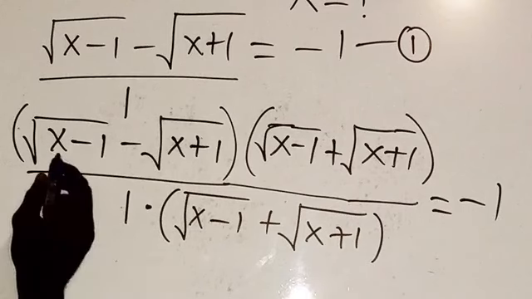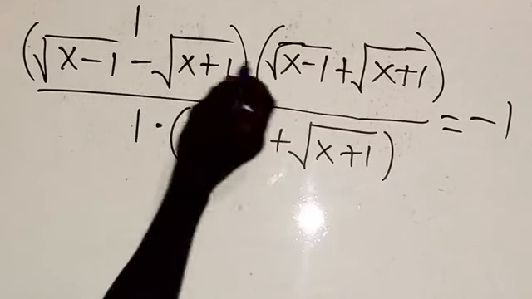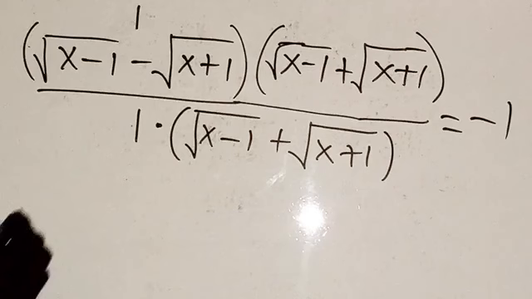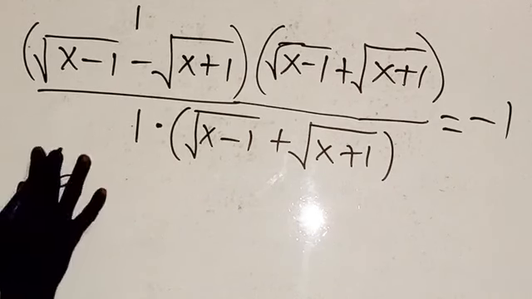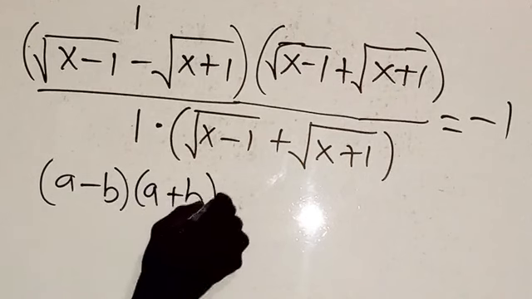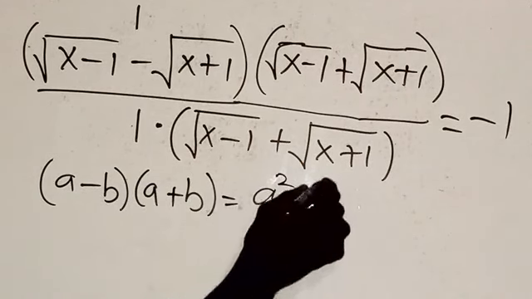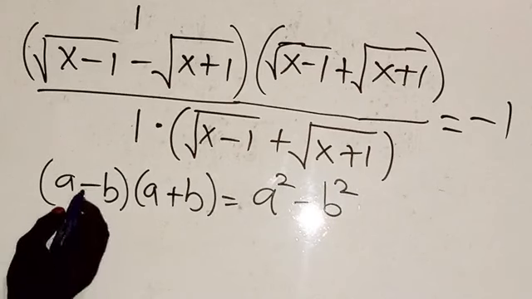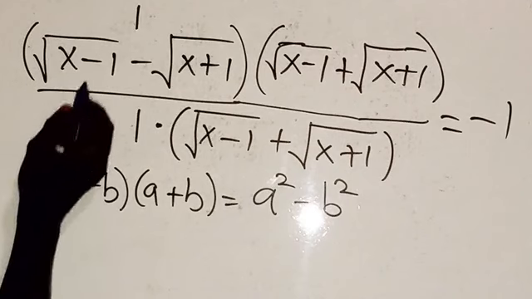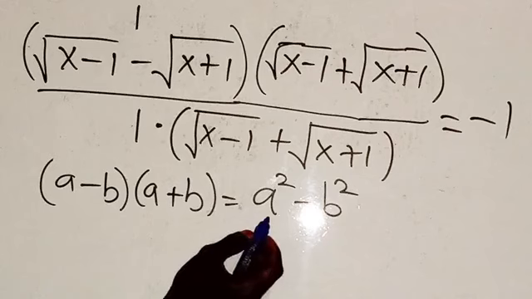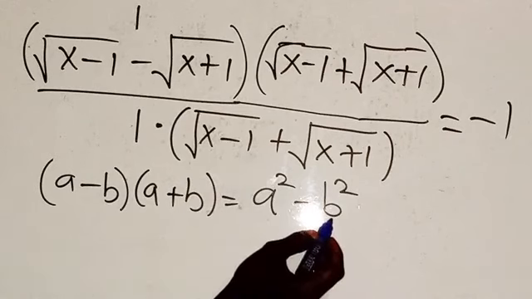Now look at this one. We want to expand this, multiply this by this. So we are going to use (a minus b)(a plus b), which equals a squared minus b squared. That is the difference of two squares. This root x minus 1 is like my a here, and root x plus 1 is like my b here.